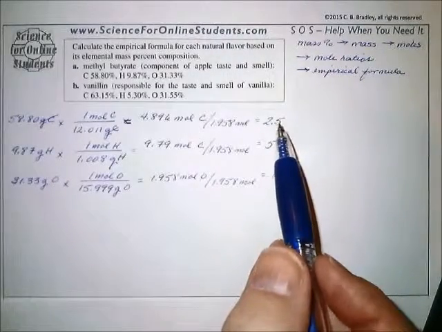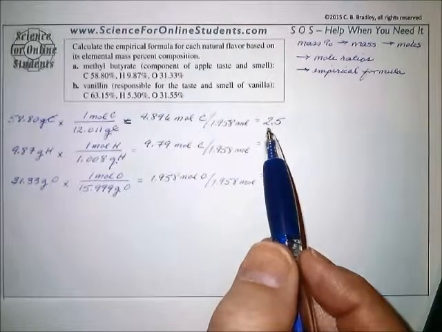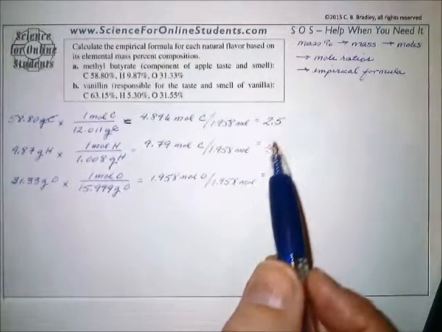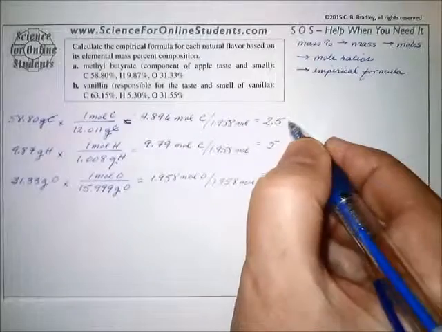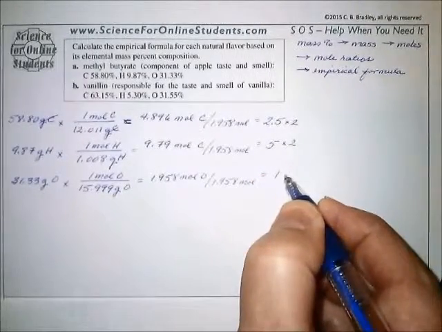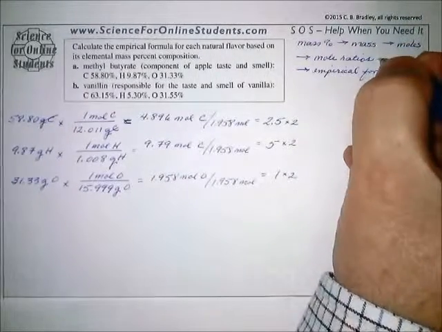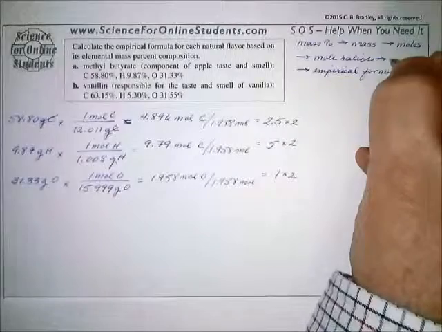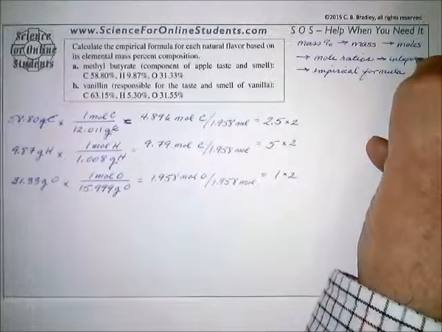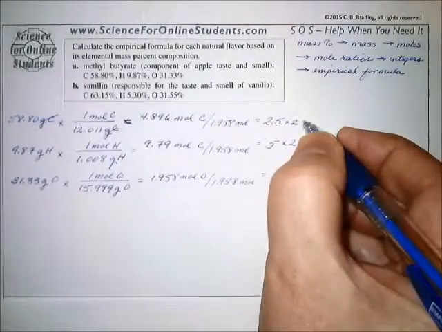Well, we can't have 2.5. We can't have half an atom. So we're going to multiply this by 2, this by 2, this by 2 to get to integers. So we'll put a step in here, integers. And then we go to empirical formulas.